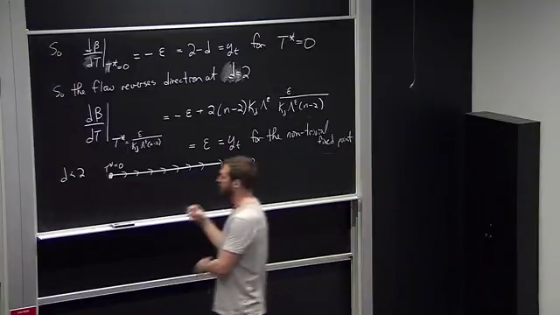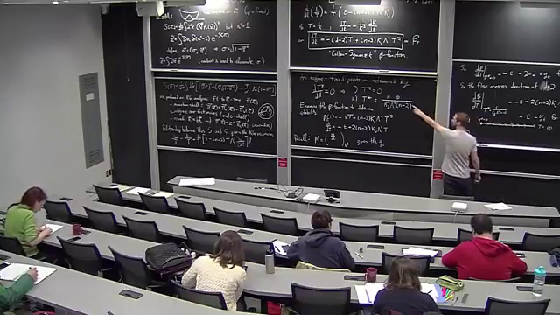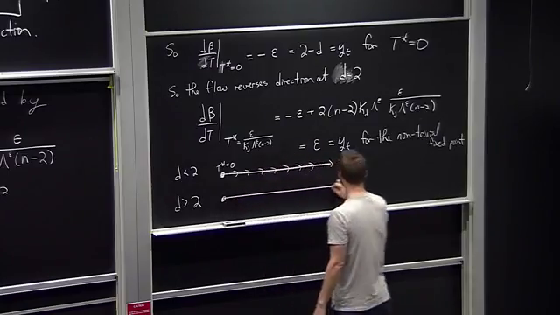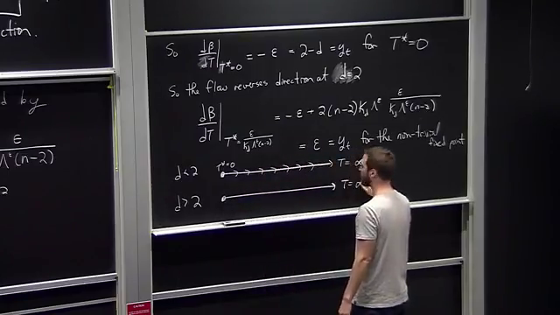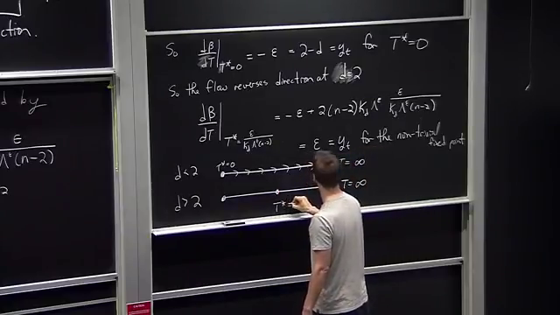So for d greater than 2, now that fixed point exists a distance epsilon away. We still have the fixed point here, and now we have another fixed point. That's T star.